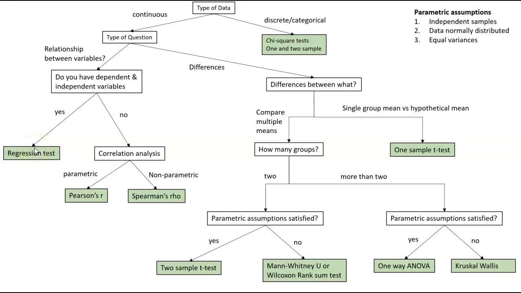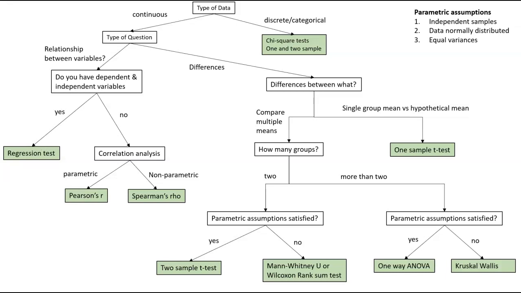A regression test and a correlation analysis are somewhat similar in that they're looking for patterns within two variables that are numerical. So they both vary very continuously. Usually, I would say that you want to try to use a regression test if you can.